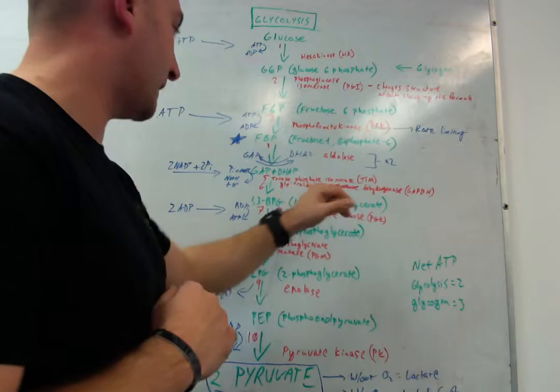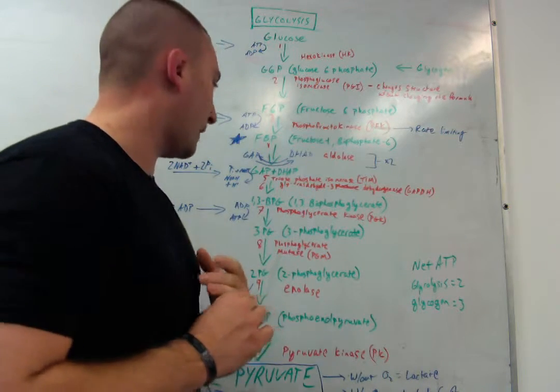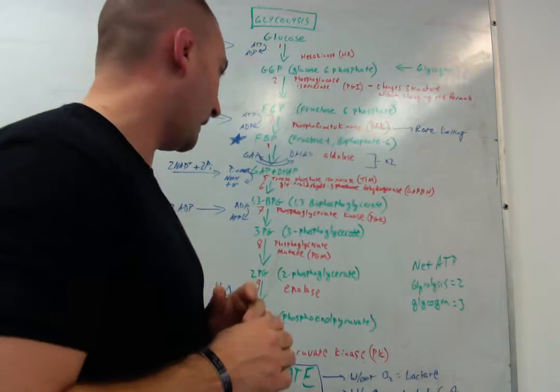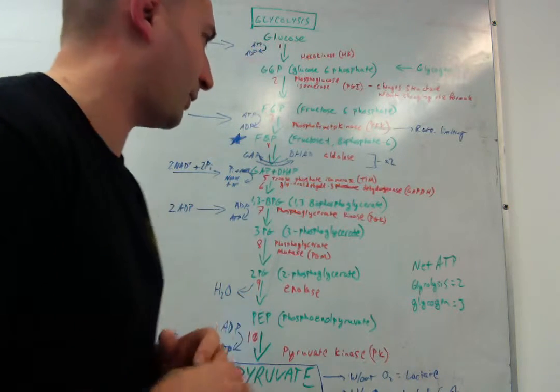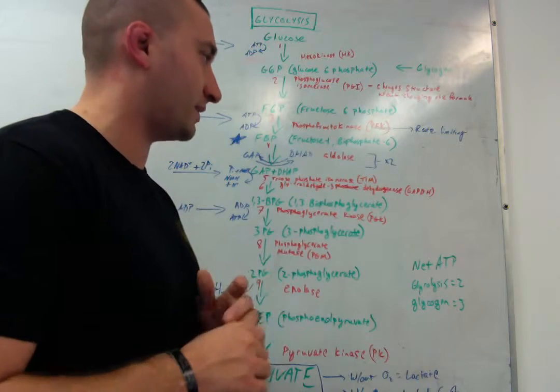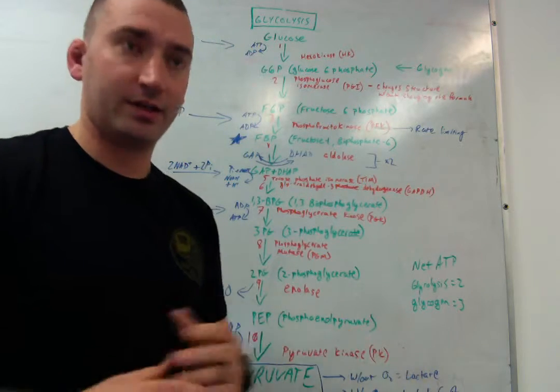The enzymes here are triose phosphate isomerase, or TIM, and glyceraldehyde 3-phosphate dehydrogenase, so the GAPDH.